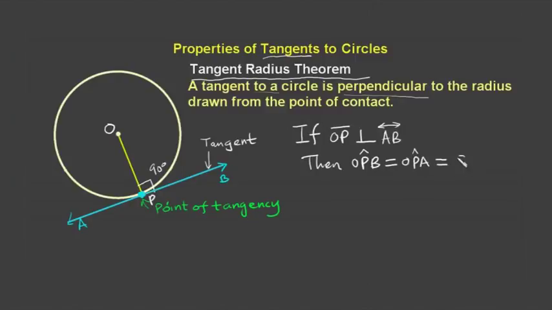They are both going to be 90 degrees because perpendicular means intersecting at right angles. So this is what this theorem is saying.